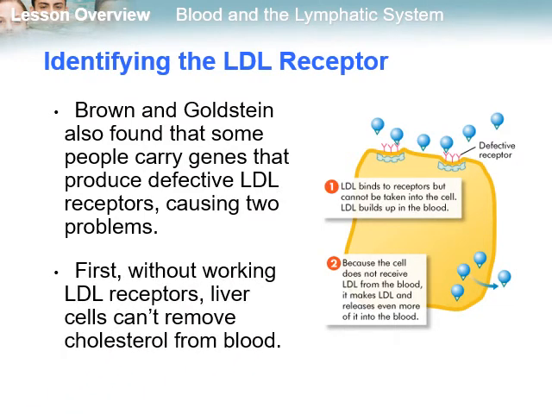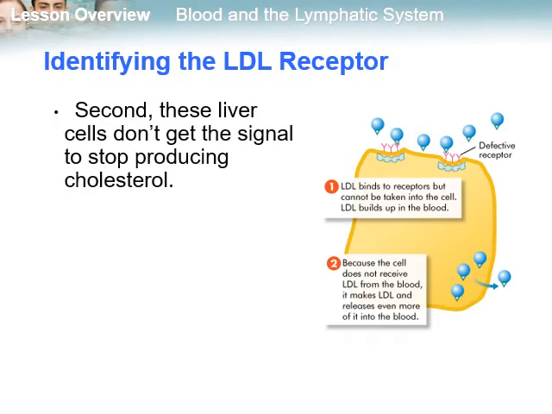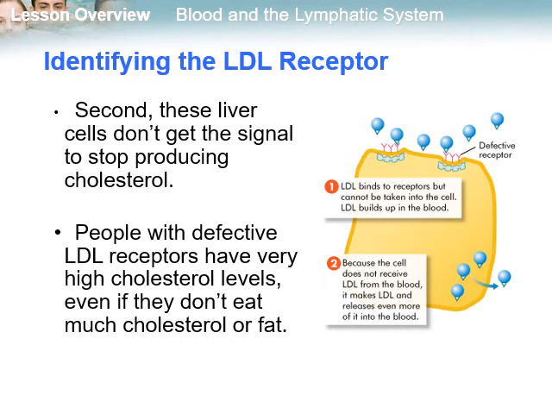These are: first, without working LDL receptors, liver cells can't remove cholesterol from the blood. Second, these liver cells do not get the signal to stop producing cholesterol. People with defective LDL receptors have very high cholesterol levels even if they don't eat much cholesterol or fat.